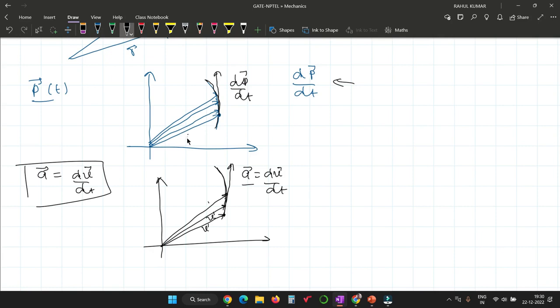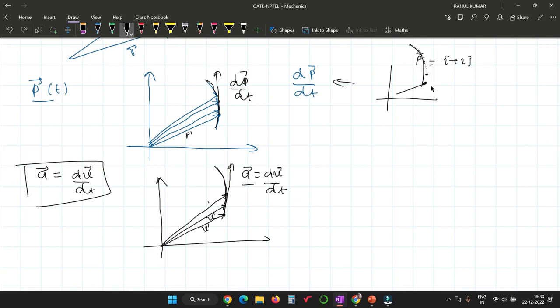Suppose at time t1 the vector is p1, you can locate it. Suppose at time 1 second the vector is i plus 2j, then you can locate it like this, and at a different time the vector becomes 2i plus 3j, and at each interval of time you are getting these points. Now connect all those points.